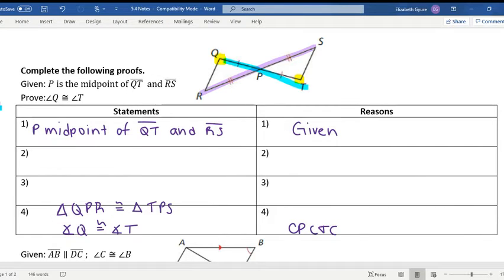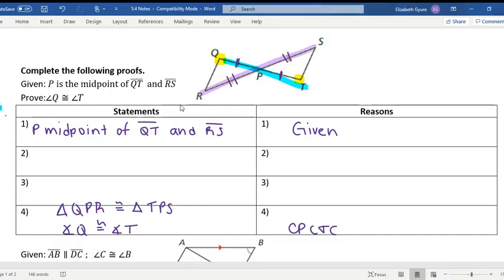Who can refresh our memory? What's a midpoint going to do? Very good. It's going to split them into congruent segments. So I'm going to be able to say that these two segments are congruent and that these two segments are congruent.